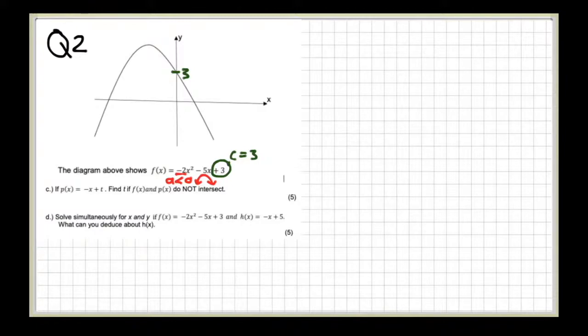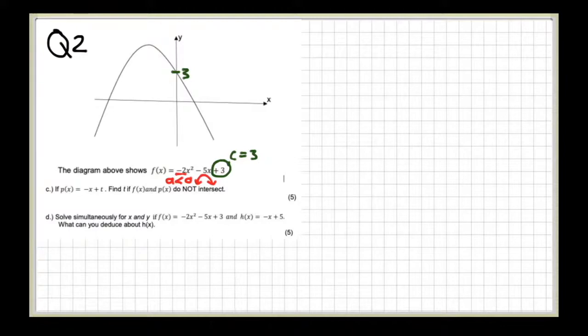Now, question C. On purpose, I didn't do A and B because it was simple solving of x, those kind of questions. But question C is a beautiful, lovely question. If p of x is equal to negative x plus t, find t if f of x and p of x do not intersect.